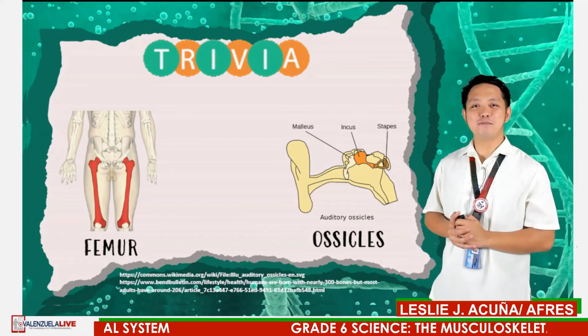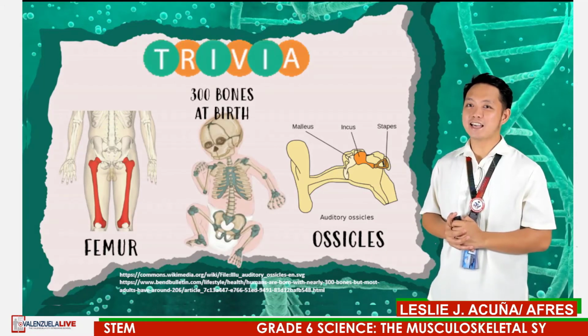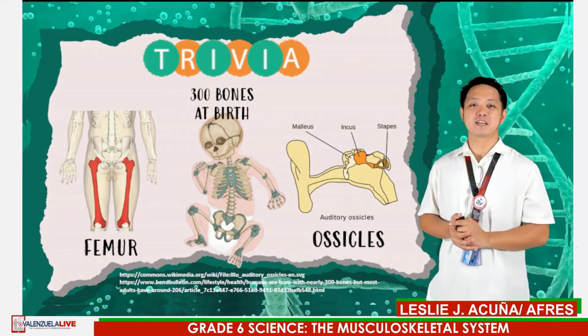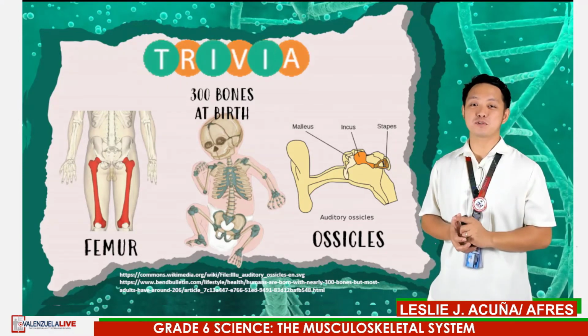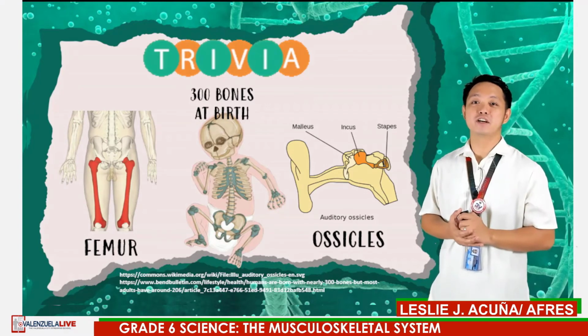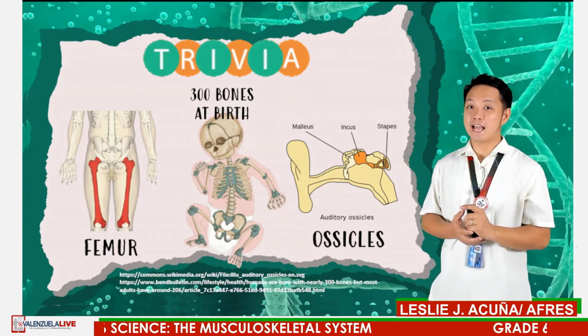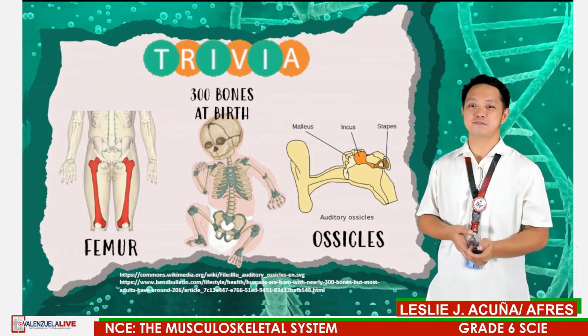And a baby's body has about 300 bones at birth. These eventually fuse or grow together to form the 206 bones that adults have.